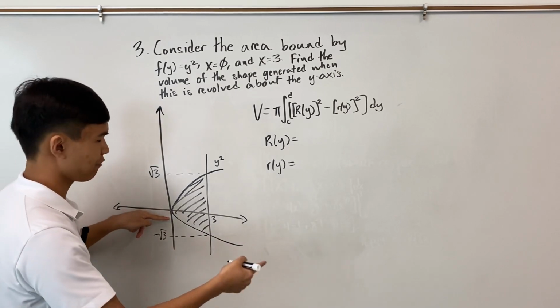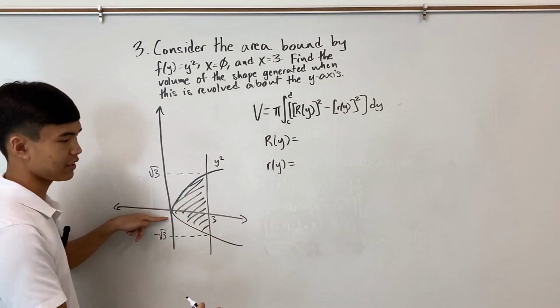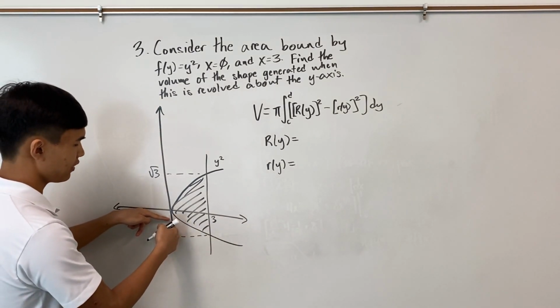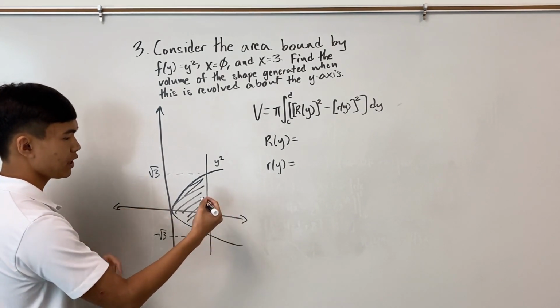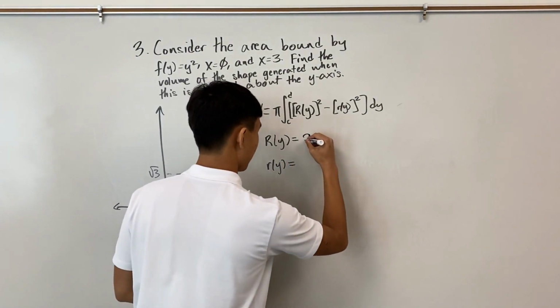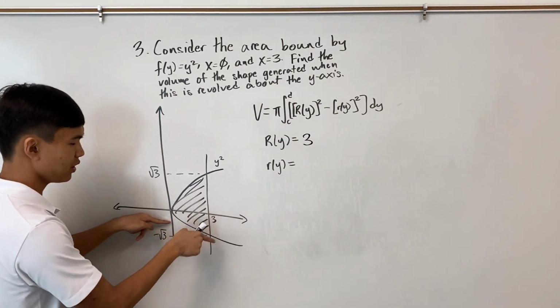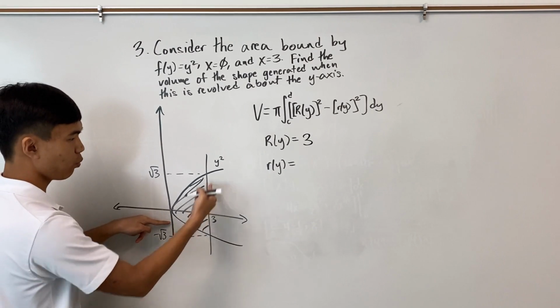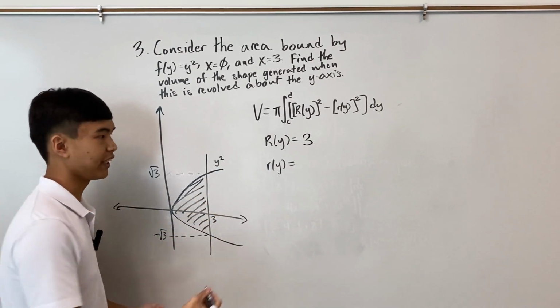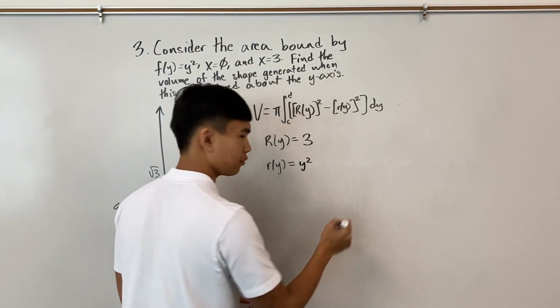Whichever one is further is our outer radius. In this case, it's x equals 3, so our outer radius is 3. Similarly, when I stand here and look towards the curves, the closest curve is y squared. So our little radius is y squared.